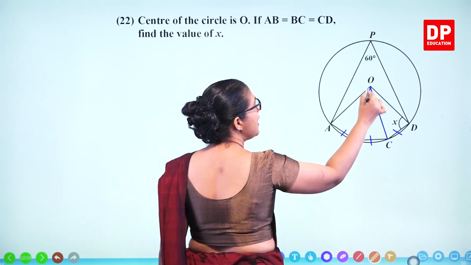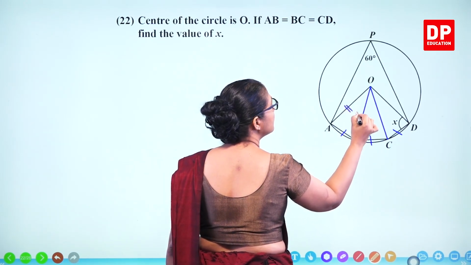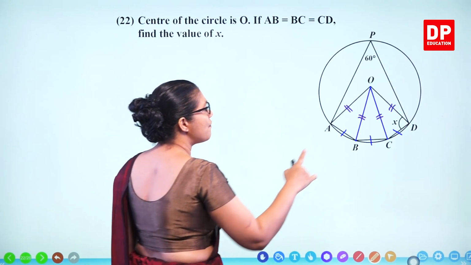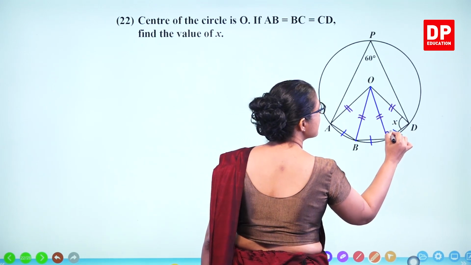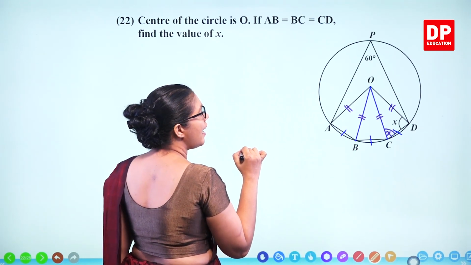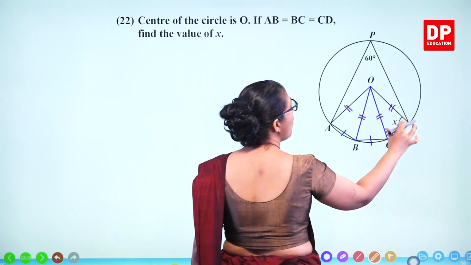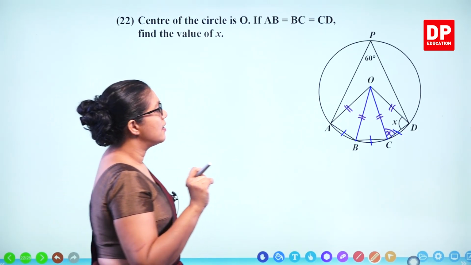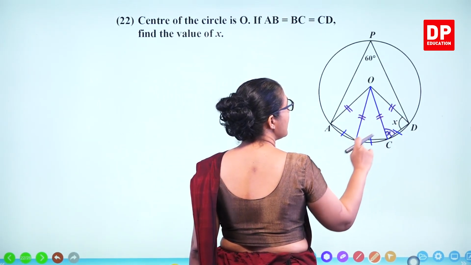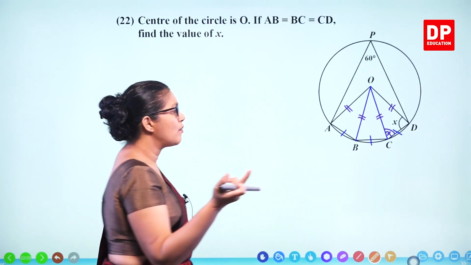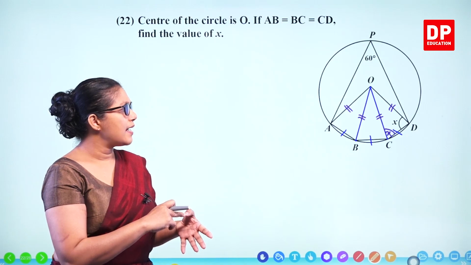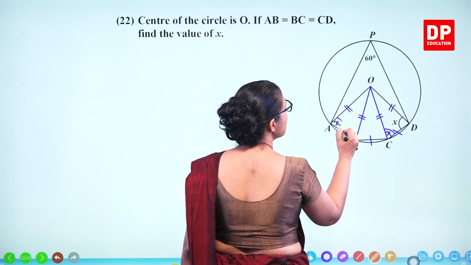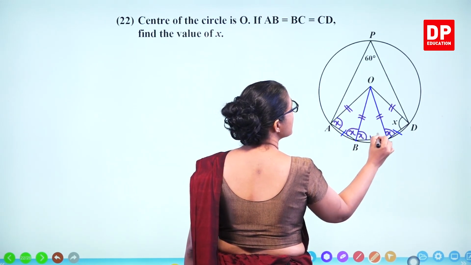Here to here, all radii. So all are equal. So if this is X, this is X. And can you see all these triangles are congruent? Because here these two lengths are equal and the other side also are equal. So side, side, side, all three triangles are congruent. So you can say all these are X, X, X and X.